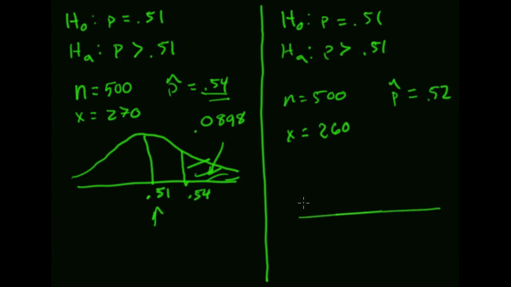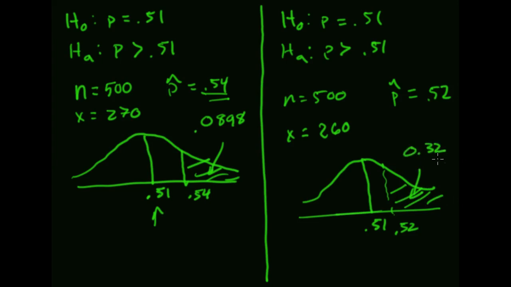Let's think about this. I'm still claiming that 51% is my guy's number, and I got a sample that says 52. So what's the probability that I got that sample at 52 or something bigger? This goes to about 0.32.